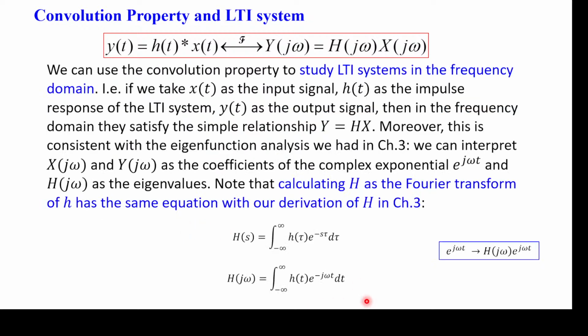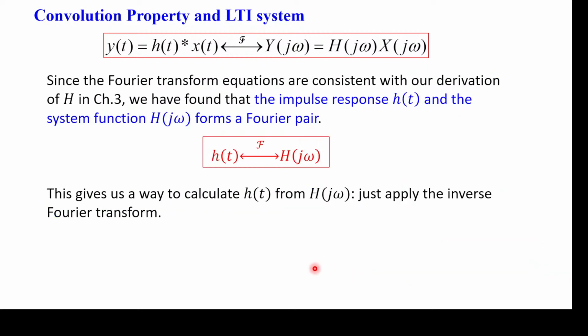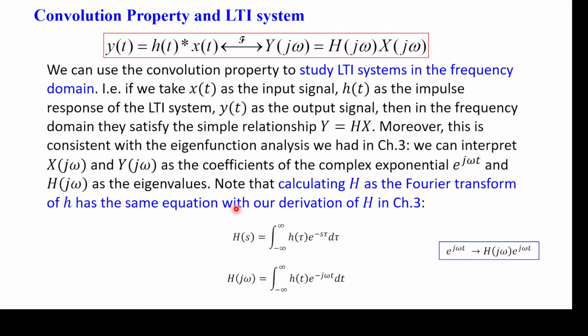So the 1 over 2 pi integration of big H e to the plus j omega t d omega thing. So now we know how to calculate small h from big H. You just apply the inverse Fourier transform formula. And we have seen that the eigenvalue analysis of an LTI system can be expressed as this convolution property of the Fourier transform. Okay, so this is a great milestone that unifies everything we've talked about to this point.